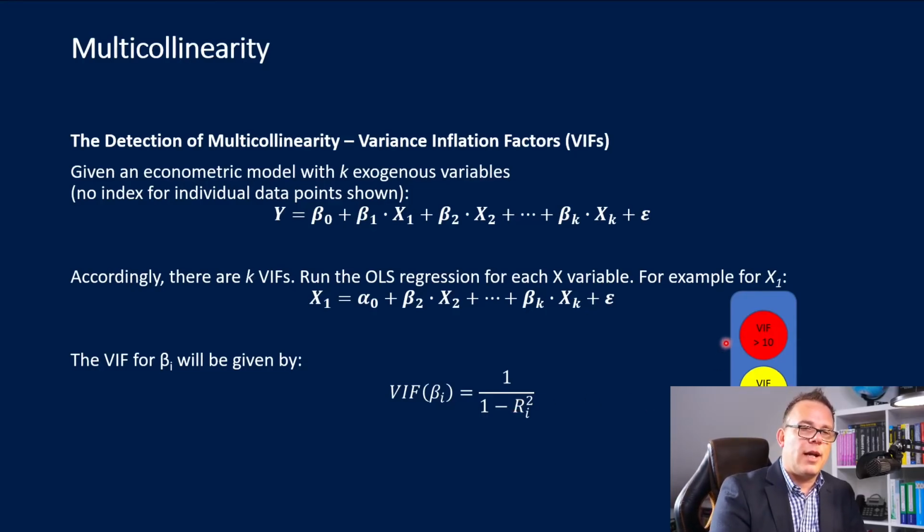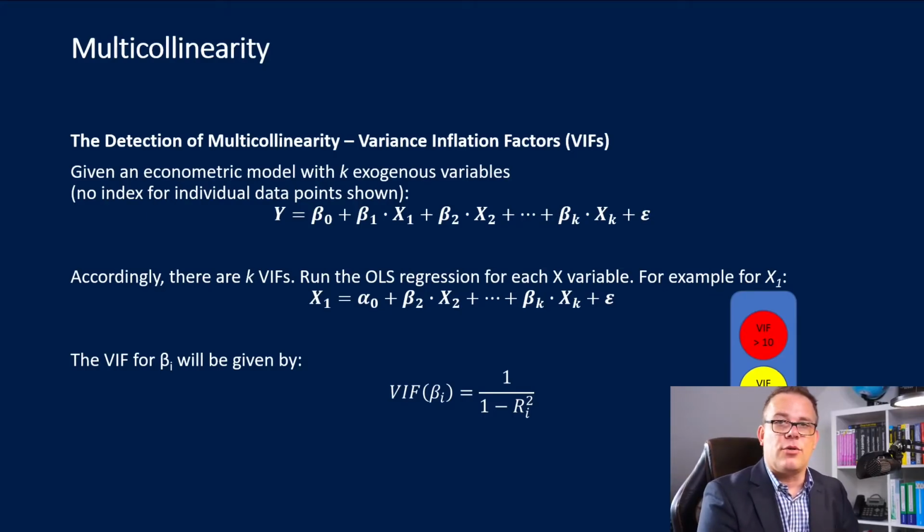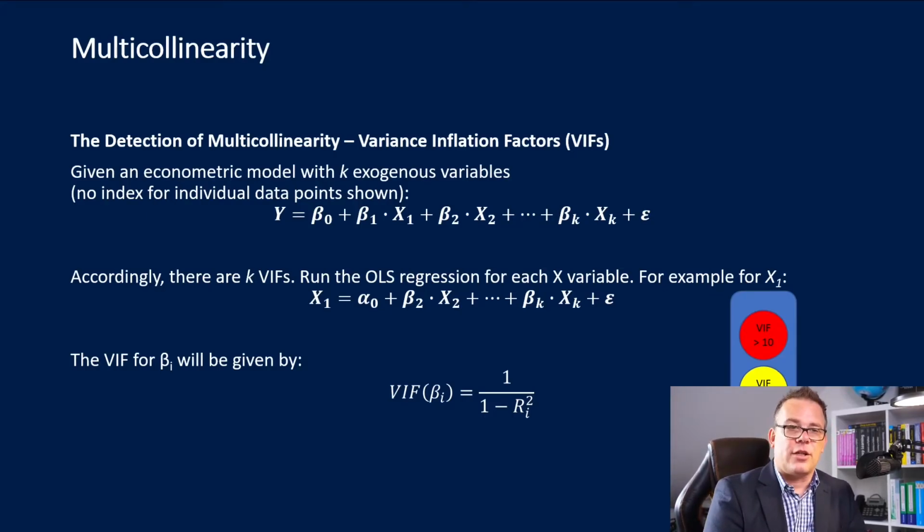And now here we have this beautiful traffic light, and that says exactly how to interpret those variance inflation factors. As long as the variance inflation factor is below 4, we have a green light. Everything is fine. If we have a variance inflation factor of larger than 4 but smaller than 10, well, we have to keep that in mind.